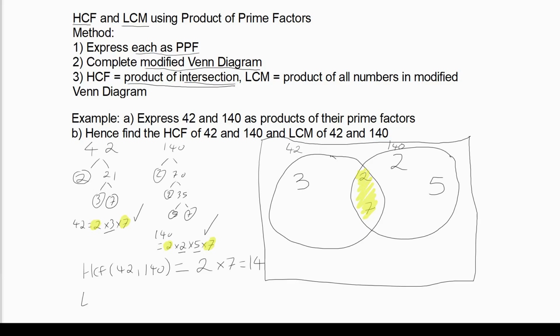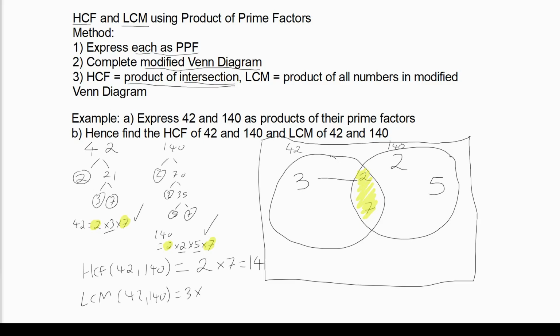And for the lowest common multiple, I'm going to multiply all of the numbers together in the Venn diagram, which will give me, so let's see, 42, 140. That's going to be 3 times 2.